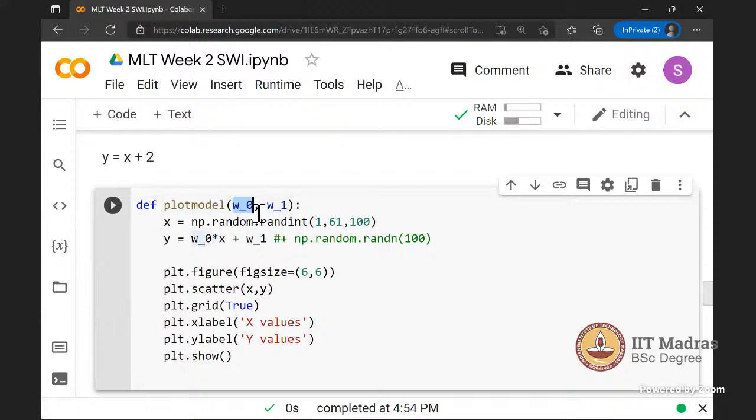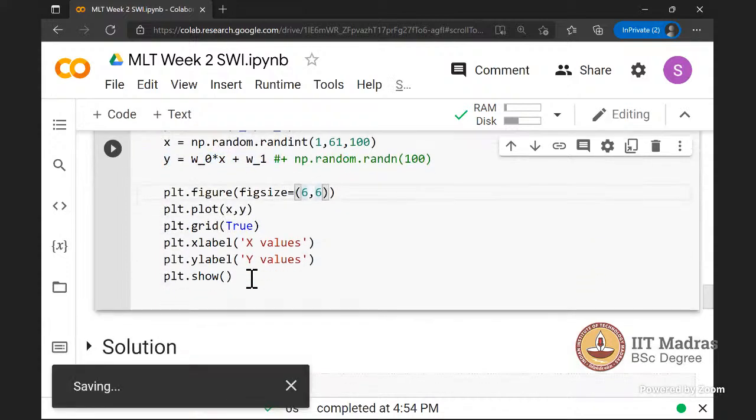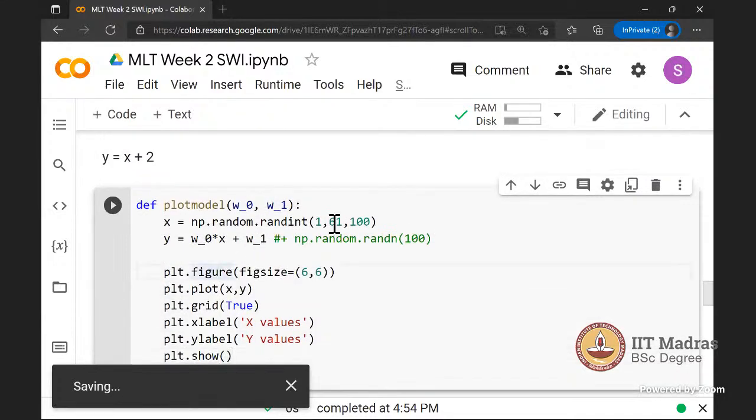Good. It has two parameters, W0 and W1. For x, you have generated random numbers between 1 and 61, and there are hundreds of them. Then you have created the y, and then you have created this chart. Instead of a scatter plot, this time I would like to just draw the line plot. The reason for that is we already know that there is no randomness involved in it.